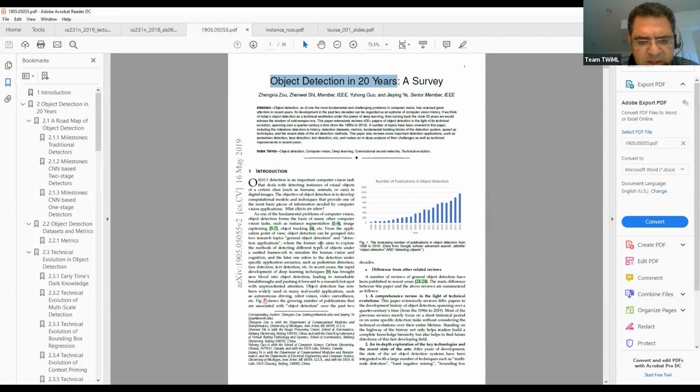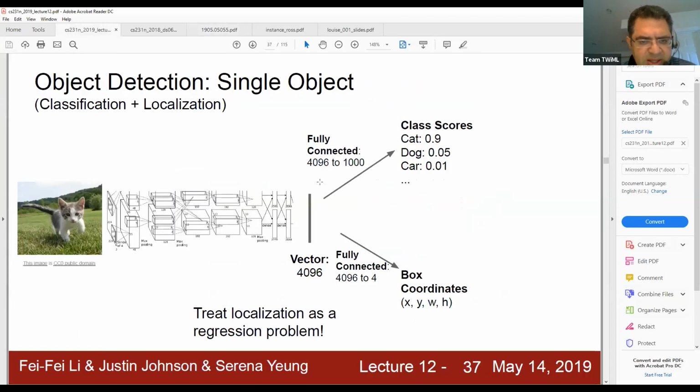Object detection is important in biology, in self-driving cars, it's sort of everywhere. So the first object detection problem was limited. Say there is only a single object in your image.